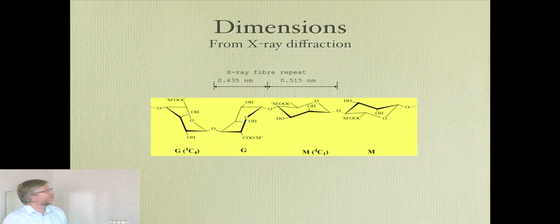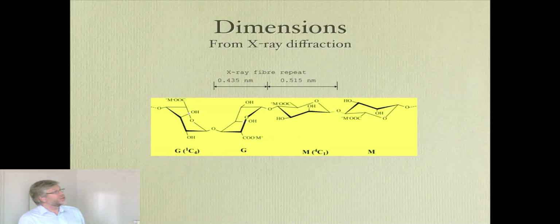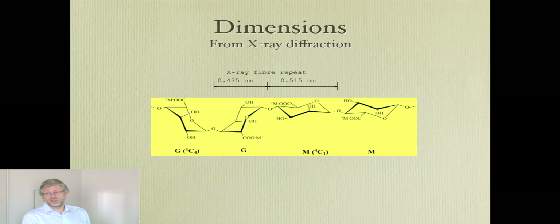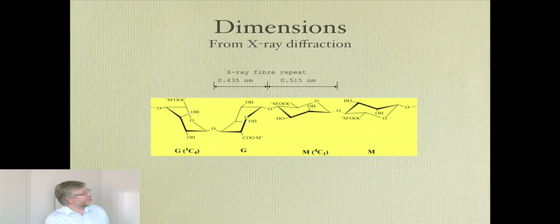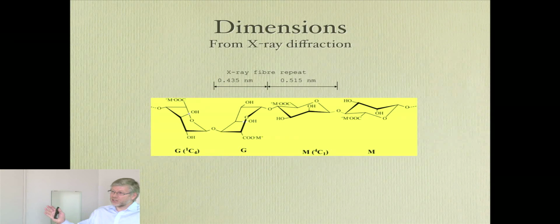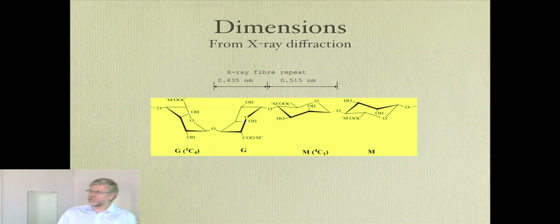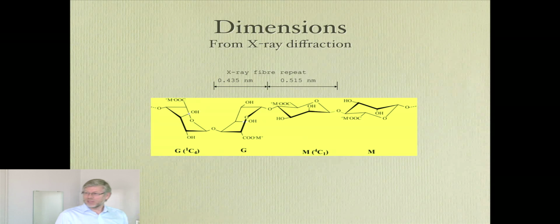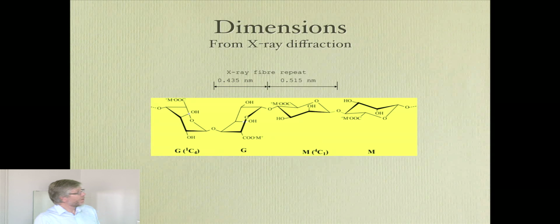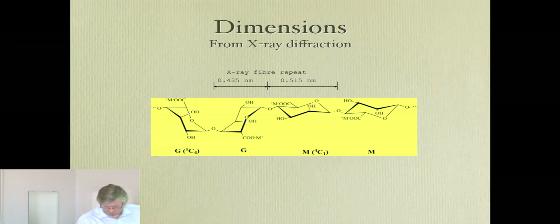First, we know this is true also because of X-ray diffraction studies done about 30 years ago. So because of this transition from 4C1 to 1C4, this distance gets shorter. The chain kind of becomes shorter. So we get a different repeat, and such repeats are very easy to detect by X-ray. So this is true, we know that.